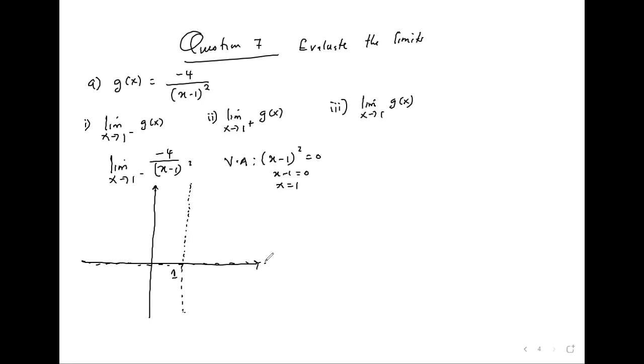So I pick a number bigger than 1, say 2, and substitute it in g. So what is g of 2? We'll have -4 over 2 minus 1 squared, which is -4 over 1, which is -4. So the number is negative, so the graph is going to be coming down like that.